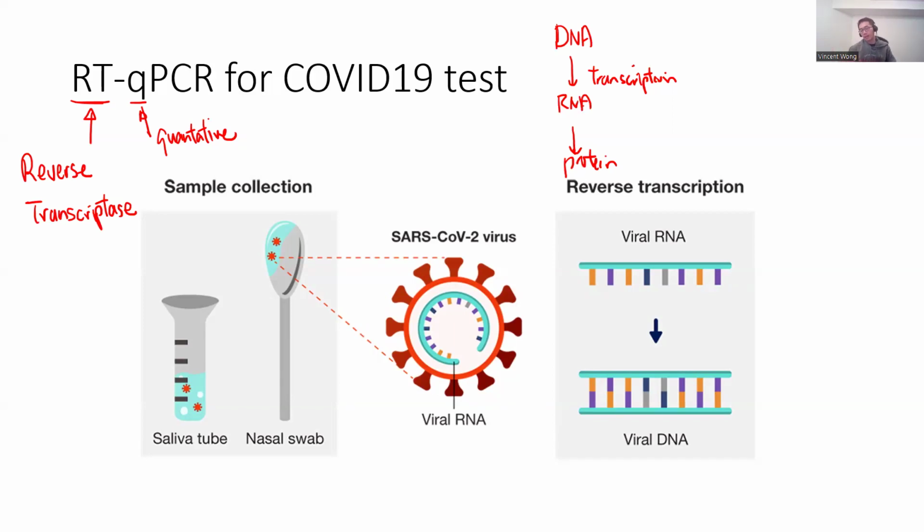Okay? They don't have DNA, they have RNA only. And so when the virus infects the host, they actually sometimes have to convert the RNA back into DNA. So the process is called reverse transcription. The enzyme that does that is called reverse transcriptase.